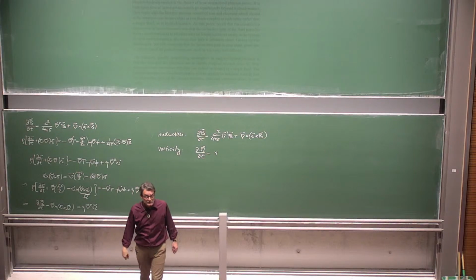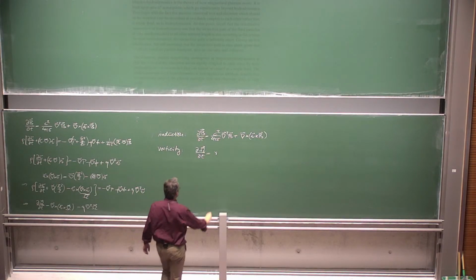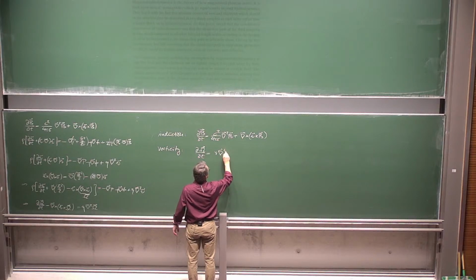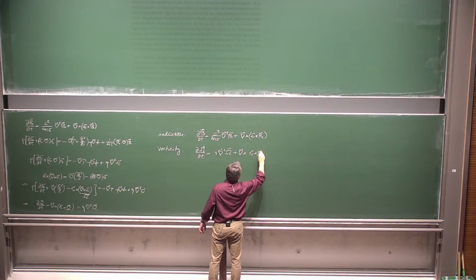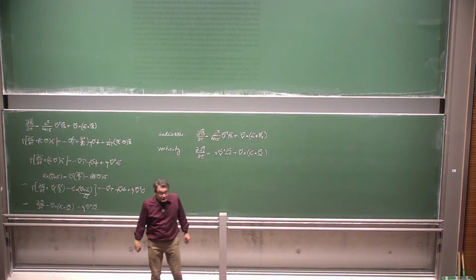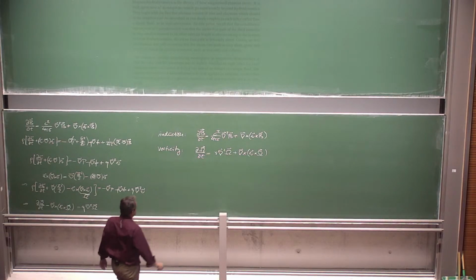This is often called dynamic viscosity nu. Nu times Laplace square omega plus curl of v cross omega. They obey exactly the same equations. Okay? They both have the same structure, obviously.